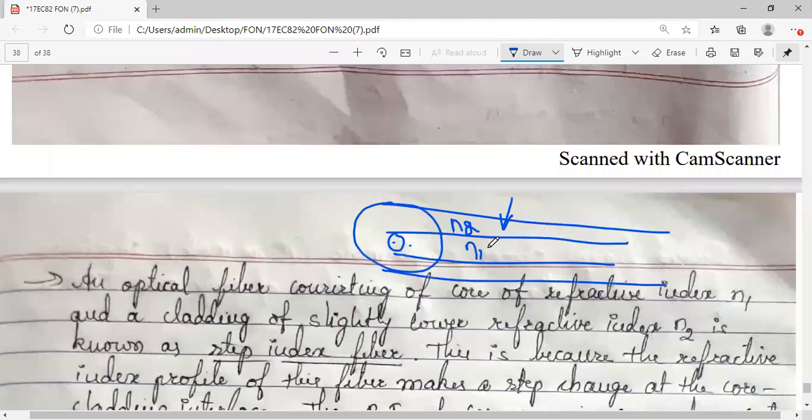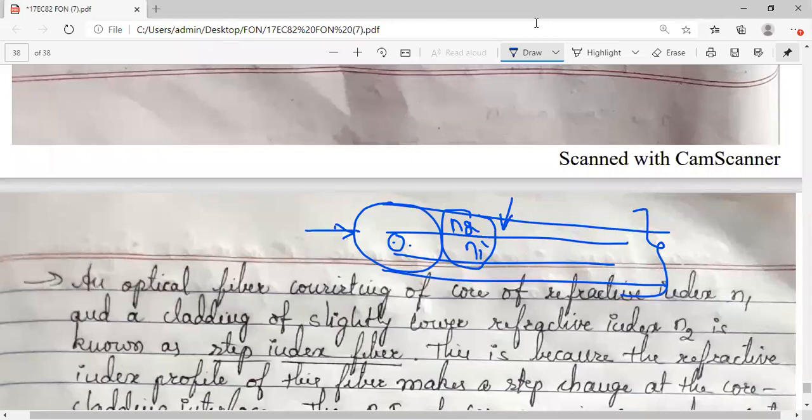There is one condition here. Can anybody tell me what the condition for N1 and N2 is? Hope you remember this. What is the condition for refractive indices N1 and N2 when we take this figure of optical fiber into account? Very quickly.